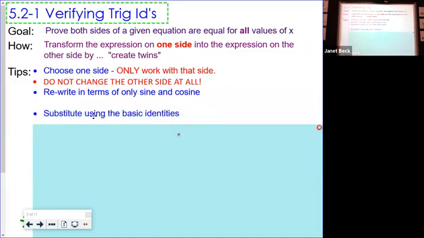So the only thing you're allowed to do is transform the expression by replacing something with something it's equal to. So you're basically going to be using those 11 identities we learned the other day, substituting something in place that's equal to what was there already.